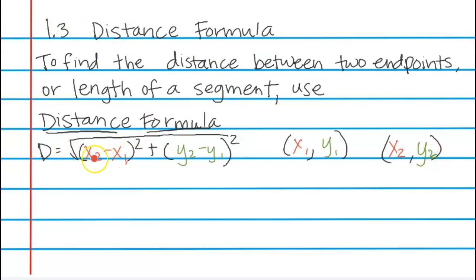So what do we have when we take x2 minus x1? This is going to be our horizontal distance. Remember, we have used the delta symbol and x to represent horizontal distance.